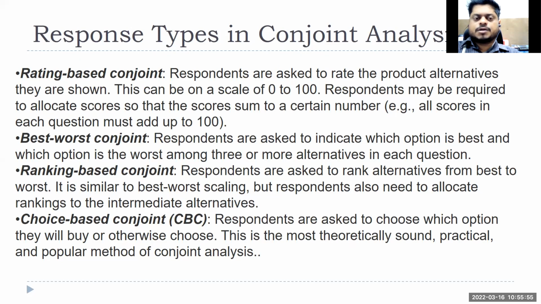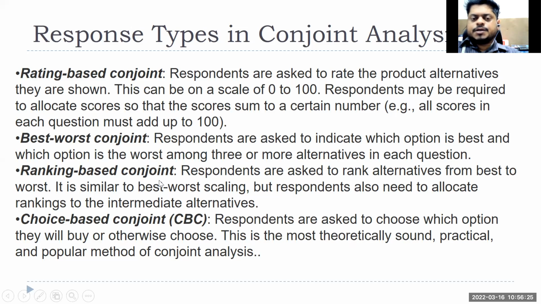Best-worst conjoint: out of these 9 or 8 or 6 product concepts, you choose the best one and the worst one, right? Rather than the customer going through all the products rating each of them, the task becomes a little simpler for them. I show 5 or 10 products and just ask them to choose the best one, which you will select, and choose the worst one, right?